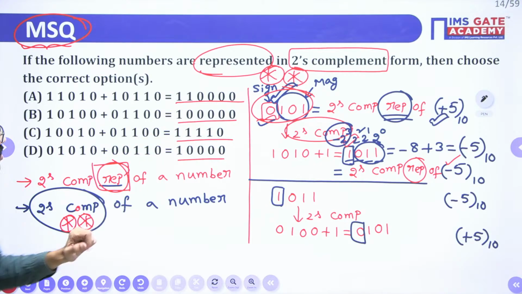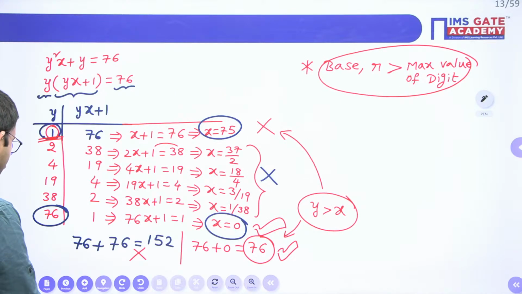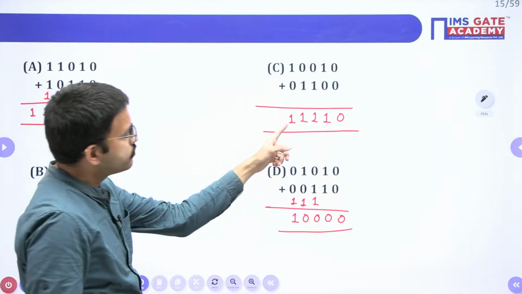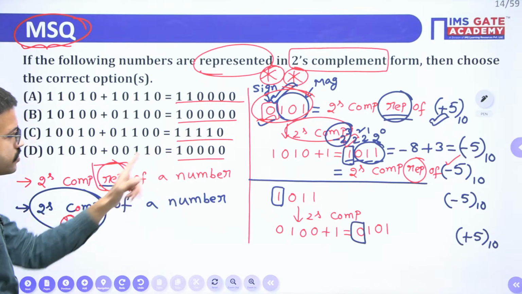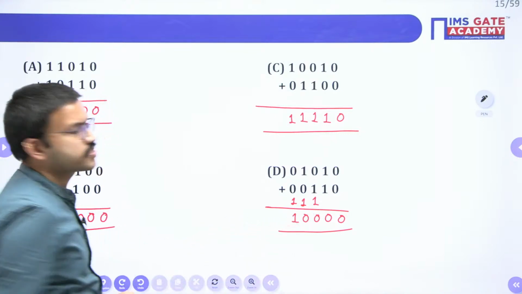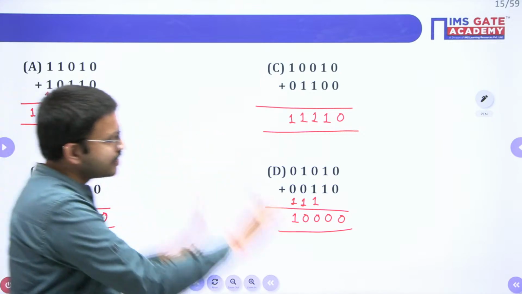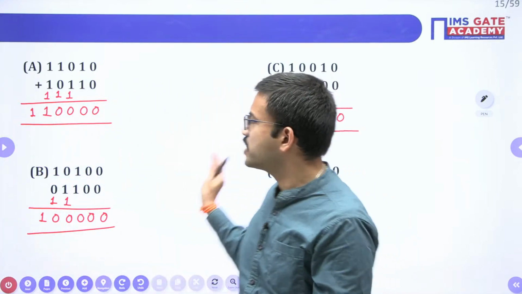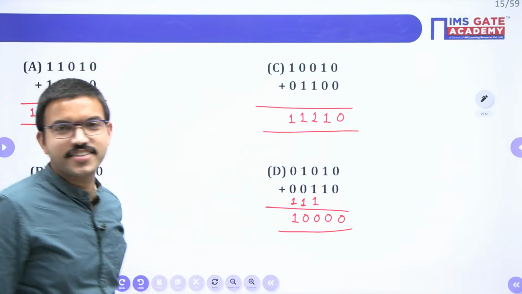Then 1110. Then 410. Then 1 followed by 4 zeros. So whatever the 4 choices they have given, we got exactly the same values for each and every respective option. Now tell me whether all the 4 options are correct or not.